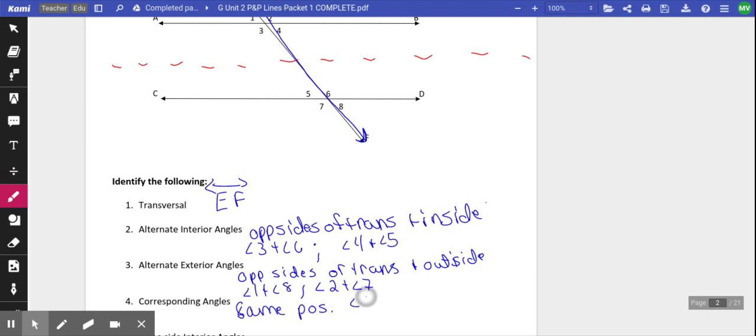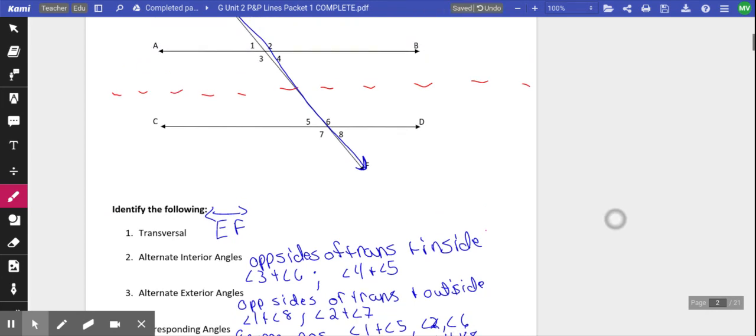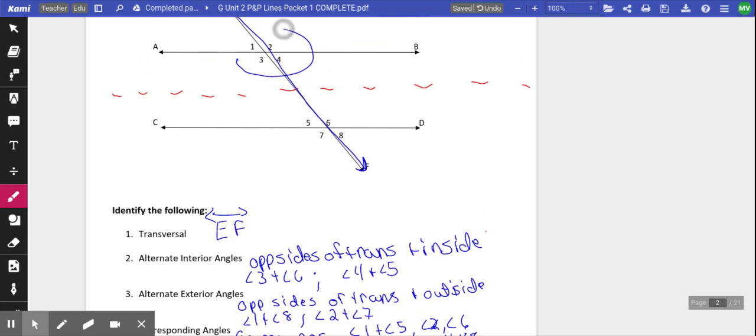Angle 2 is on top of angle 6. Angle 3 goes with 7. And angle 4 goes with 8. Now, the other way you can think about this is if I looked at that top set, what one is in the top left? Well, angle 1. And then if I look at the bottom set, the top left would be angle 5. So 1 and 5 go together.